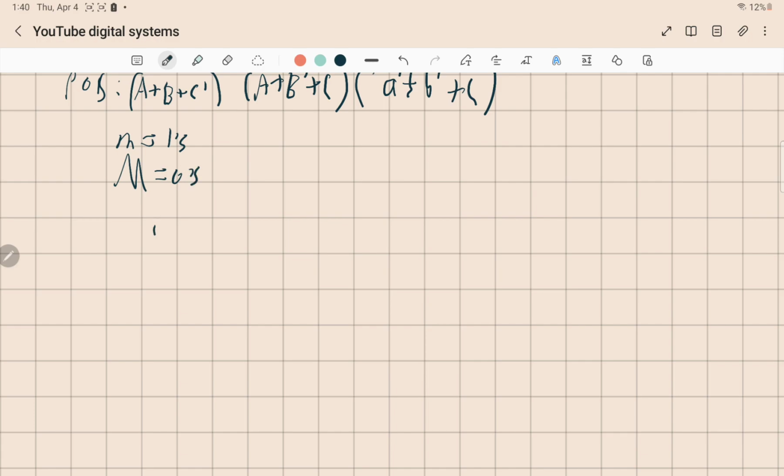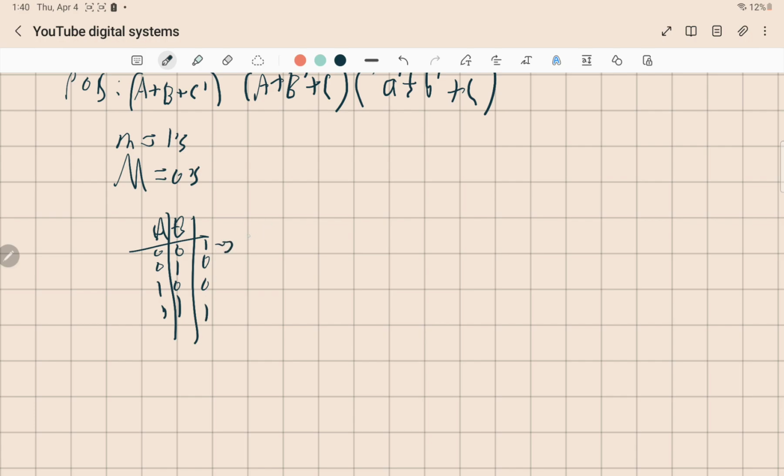So let's say we have an equation. So we have a truth table. A, B: 0, 0, 0, 1, 1, 0, 1, 1. Let's say the outputs are 1, 0, 0, 1.